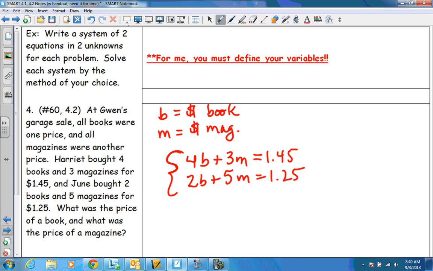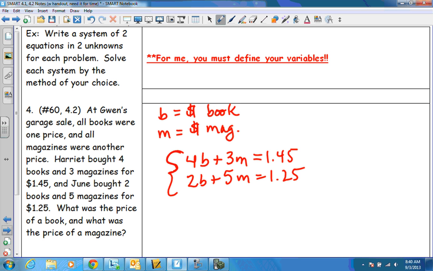And then solve with your buddies. Anybody doing elimination?